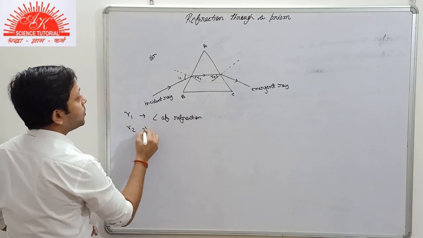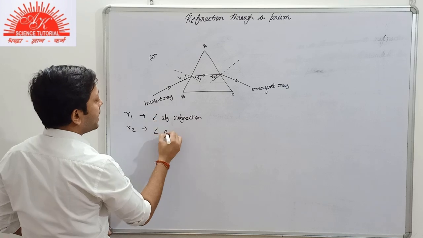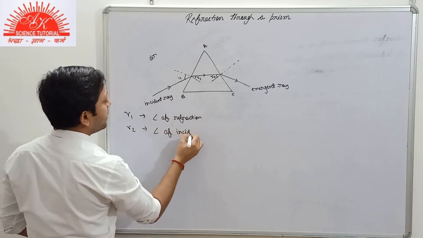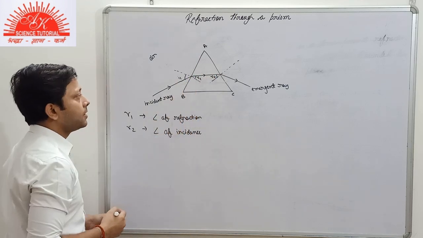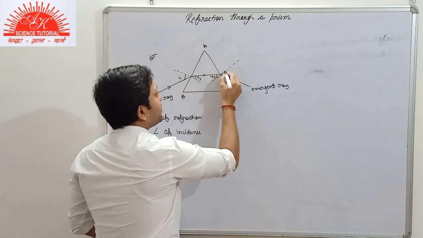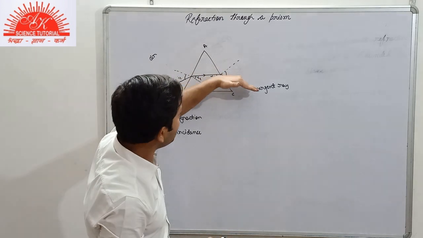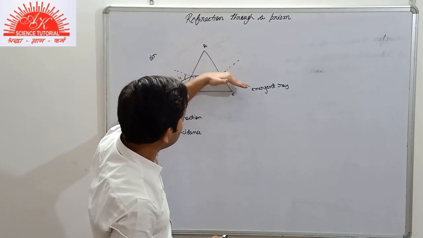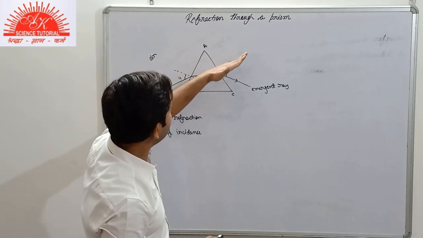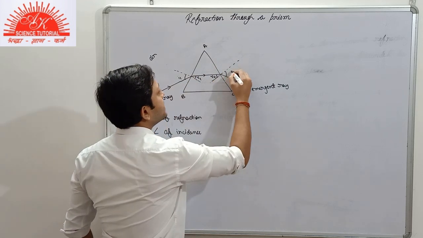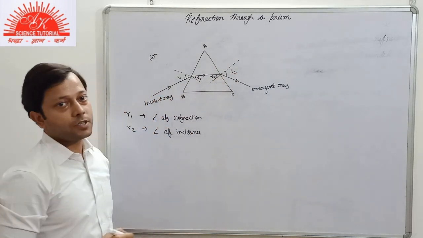What is R2? Don't be confused. R2 is the angle of incidence. And why? You can see here. And what about this part? This is the emergent ray, or the refracted ray. This refracted ray will make an angle with the normal, and this is our angle of emergence.